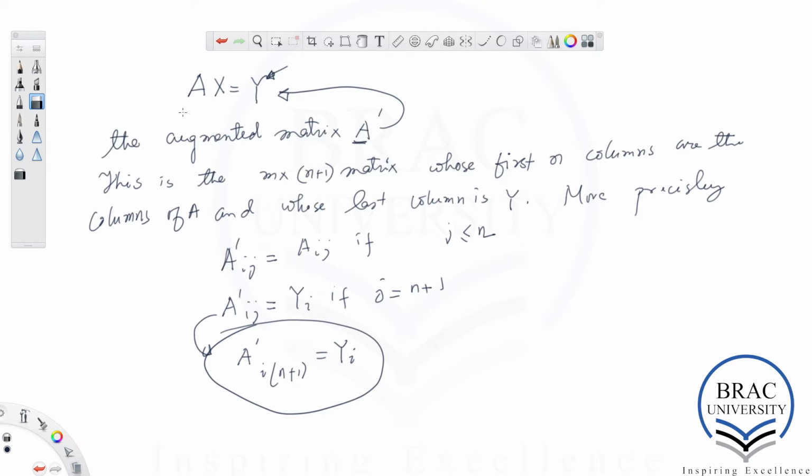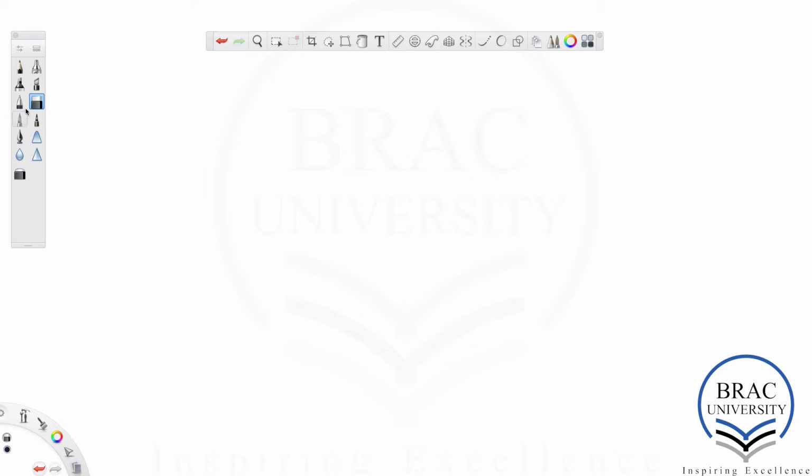Alright, so now a few important observations related to this augmented matrix.